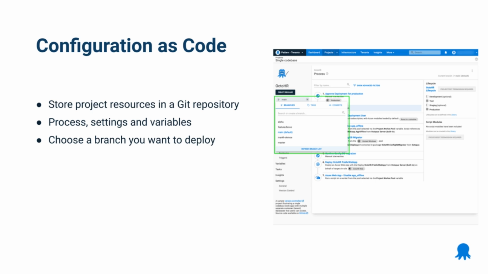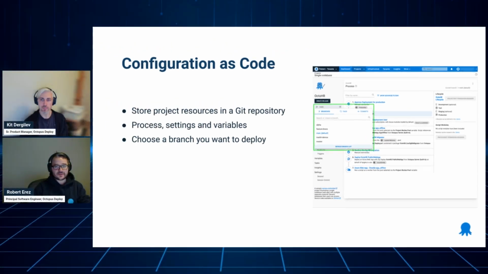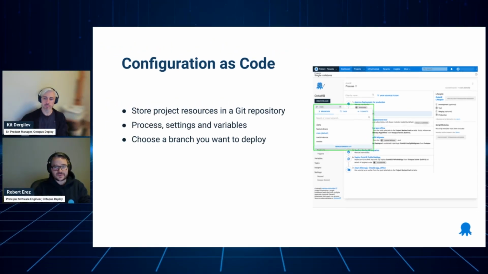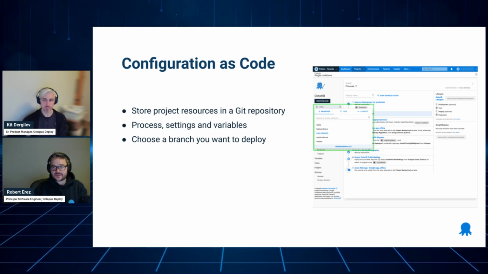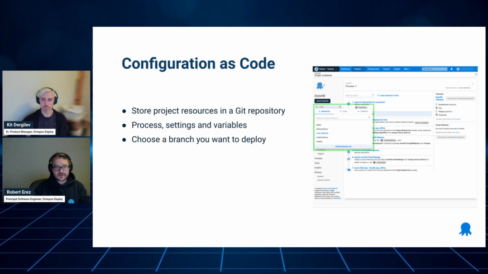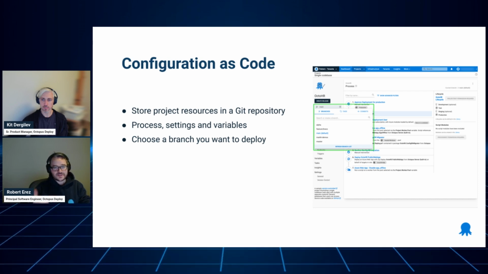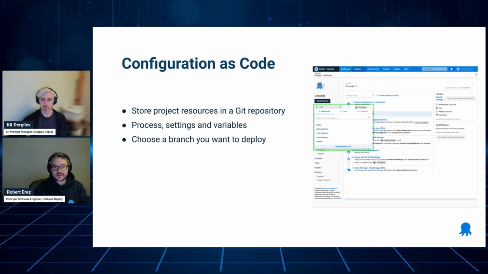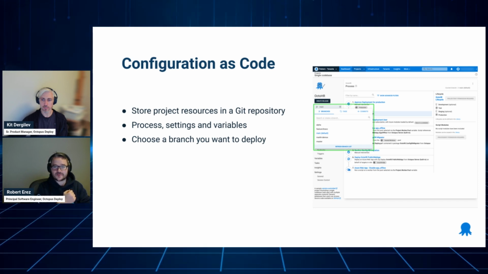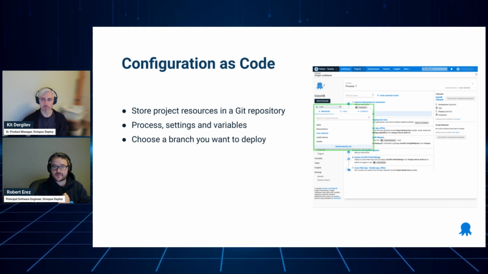It's becoming increasingly common and clear that there are benefits to being able to declaratively define not just your infrastructure, but the pipelines themselves. Octopus provides the ability to store your project resources in a Git repository. That includes project settings, variables, the process, and shortly also runbooks, which I won't dive into in this demo.